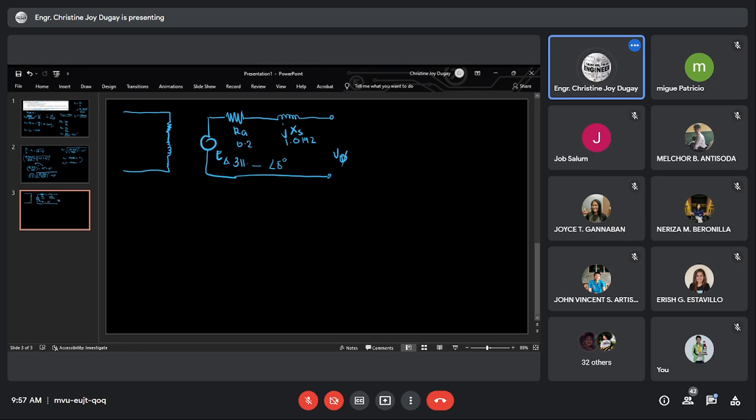Ayan. Field current, which is a variable. This is now the LF, RF, and this is now the supply to our field, VF. Ayan. So, ganyan na po yung magiging figure po natin, no? If you're going to redraw what you have solved, no?